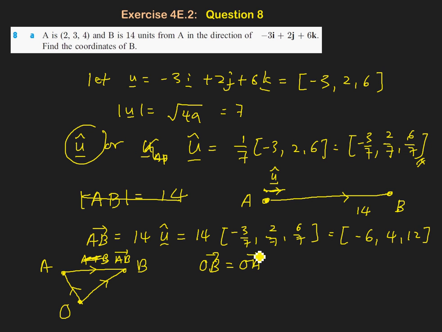Starting from O, you do not know OB, so you go from O to A and A to B, and hence you have the sum of these two vectors. And you know what A is because this is 2, 3, 4, right? Just write down the coordinates of A, 2, 3, 4, given up top here, plus AB, which we know from here.